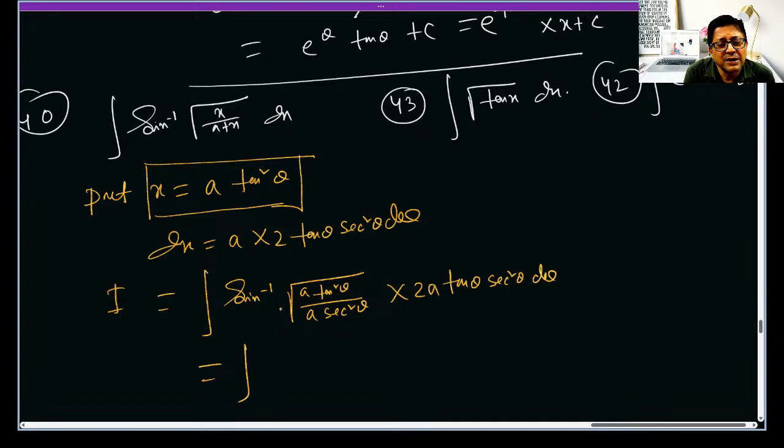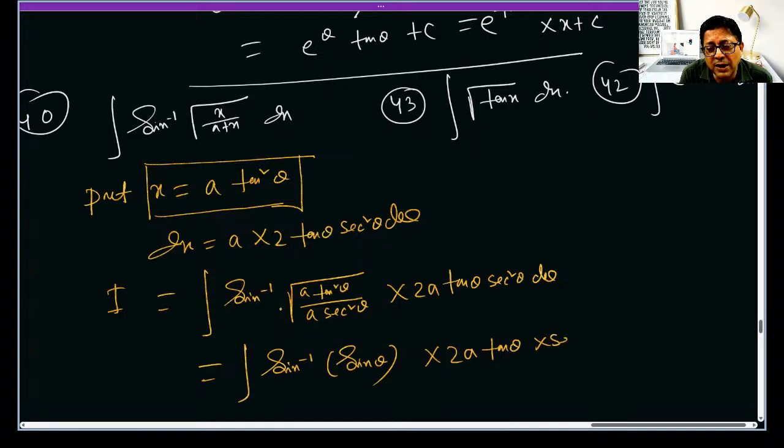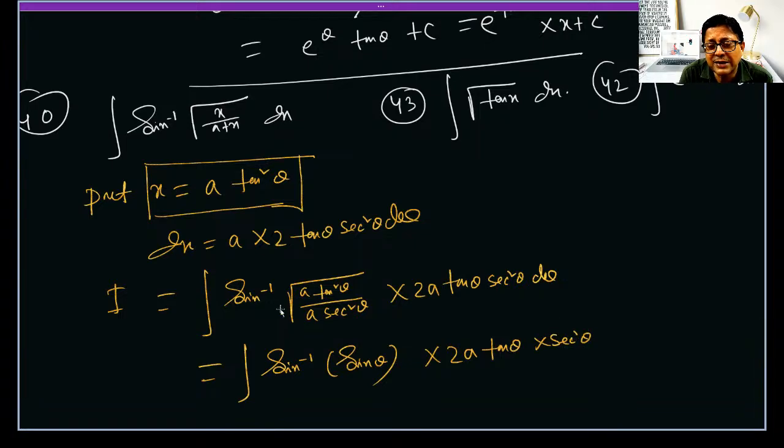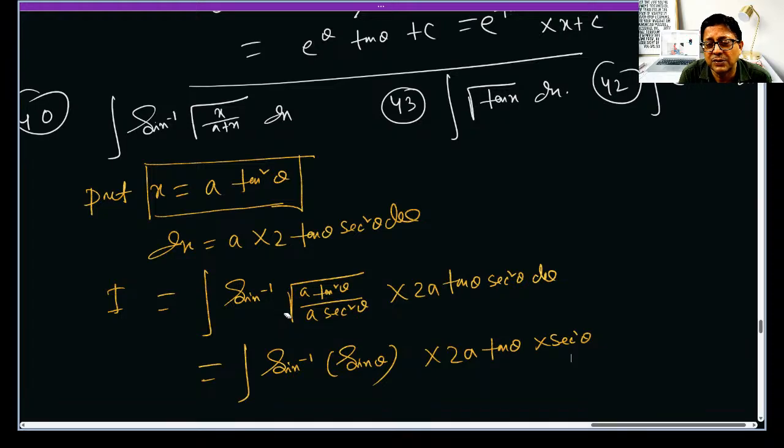Clear? A little bit of manipulation after this step. Tan square by sec square, you have passed class 10, 11, all these things. This will be sine theta. You can recognize it, and I am not going to explain that step. Sine theta times 2a tan theta sec square theta d theta. Okay?